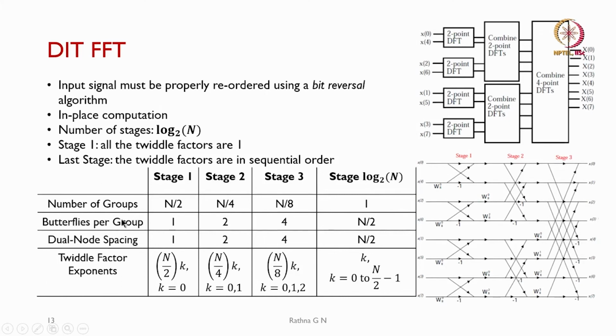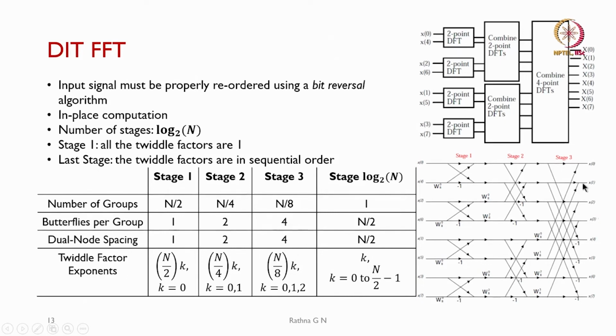Now, we will see how many butterflies per group there are going to be. In the first stage we have one butterfly, so in all the groups we have only one butterfly. Coming to stage 2, as you can see these are the 2 groups. I have 2 butterflies in this group, and here also we have 2 butterflies. When I come to stage 3, we are going to have 4 butterflies in the group.